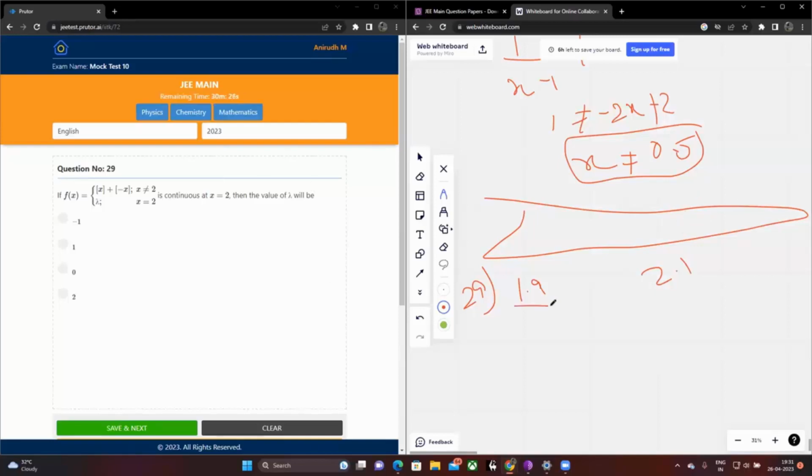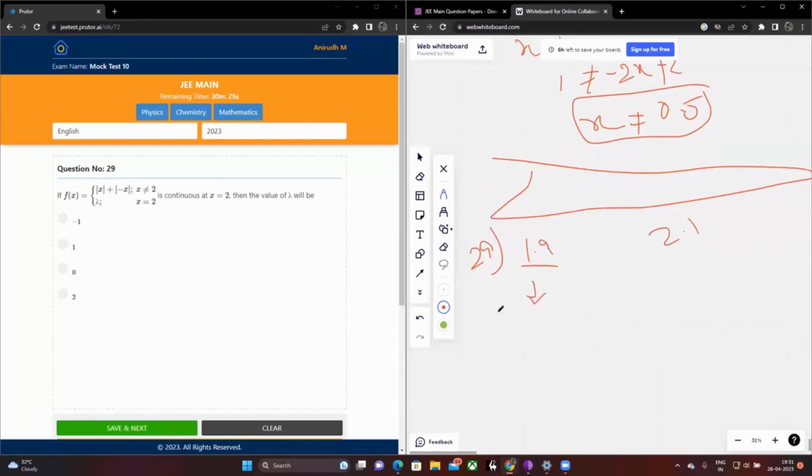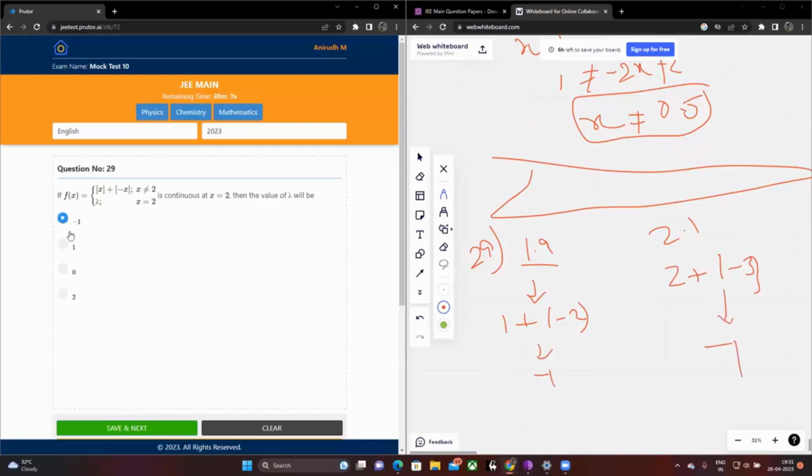So at 1.9, the numerator is going to be 1 plus minus 2. And at 2.1, this is going to be 2 plus minus 3. So at both places, it's going to be minus 1. And so lambda is also going to be minus 1 because it's continuous, right?